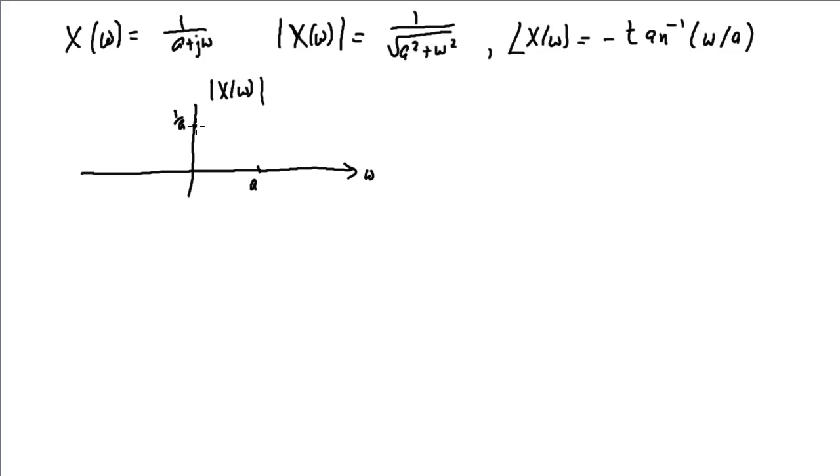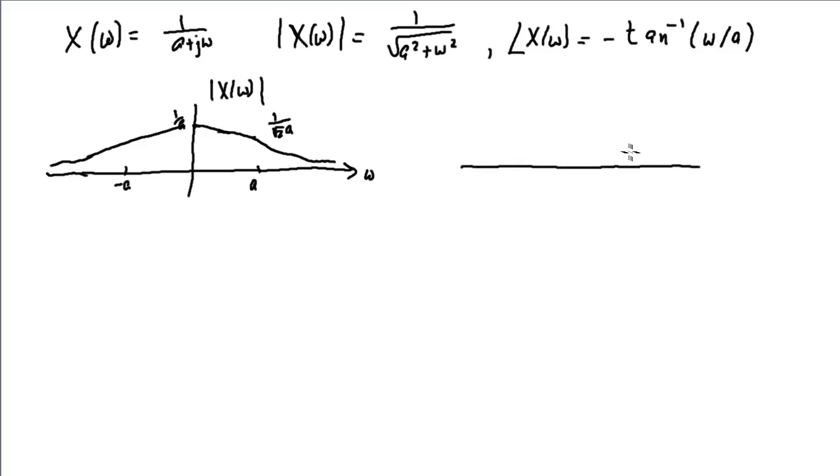So this is 1 over a, and here the response will be down by 1 over the square root of 2 times that. The response will look something like this, and then continue to decay away to 0. And this is symmetric since omega appears as omega squared in the function, so it has even symmetry.